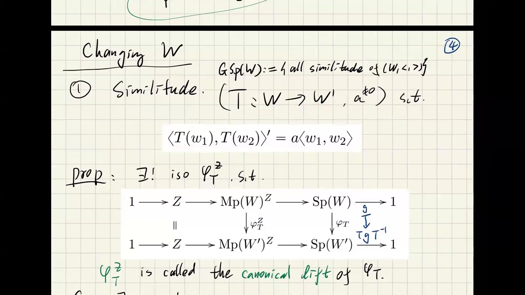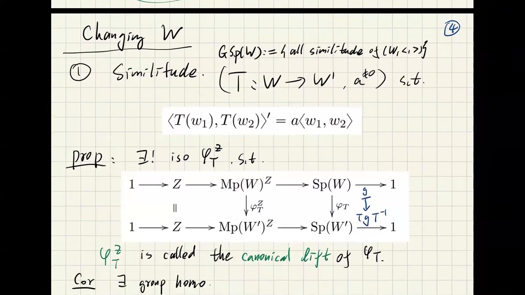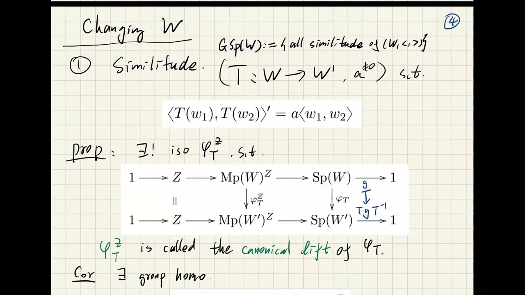This is called a similitude. So you have a unique map from SPW to SPW prime by sending G to TGT inverse.